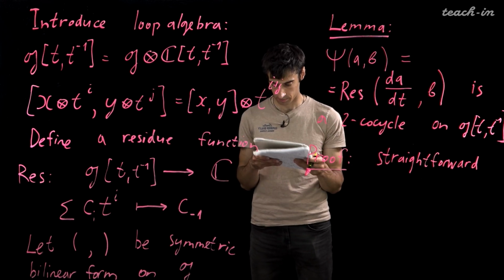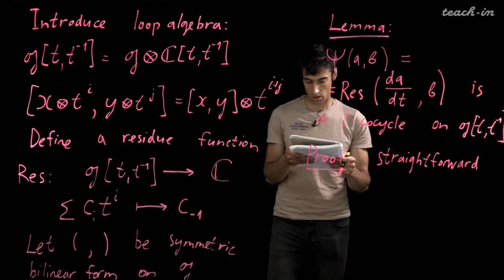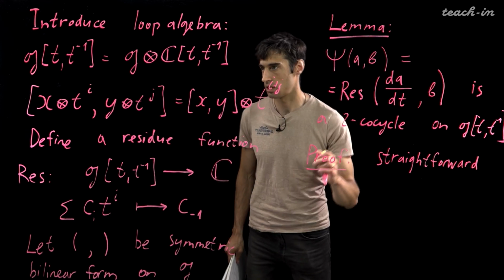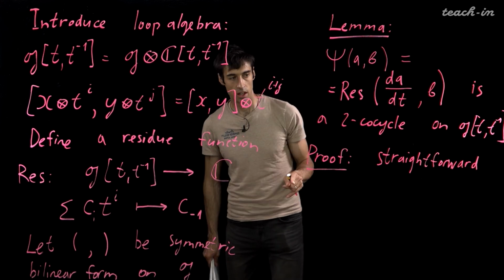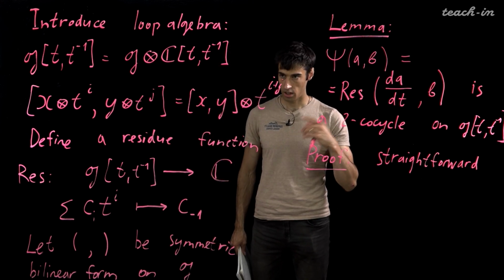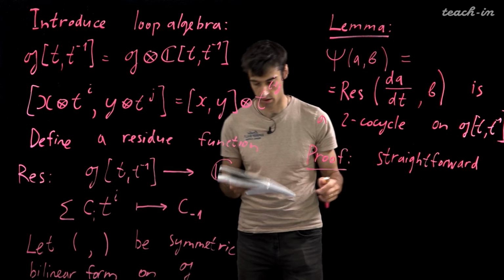So let's move on. Then we can apply the constructions that we introduced. We can take the loop algebra and consider the central extension corresponding to this Tuka cycle.